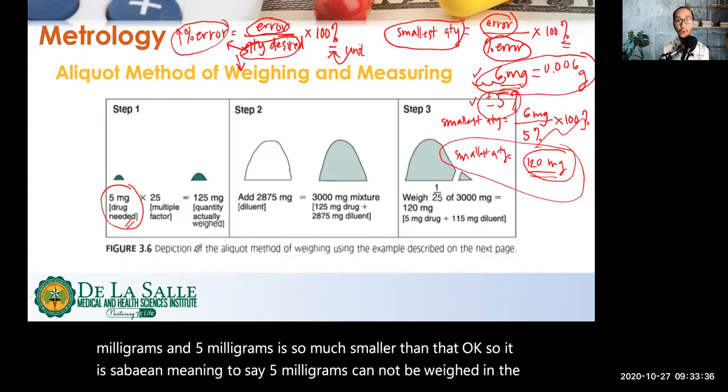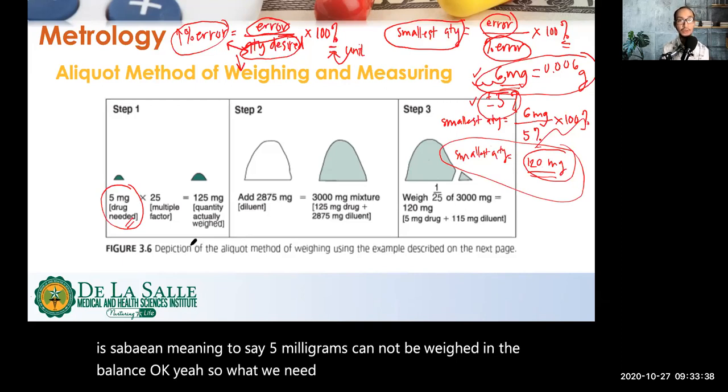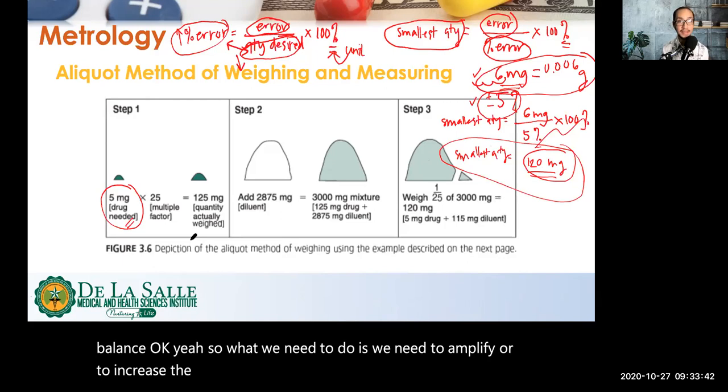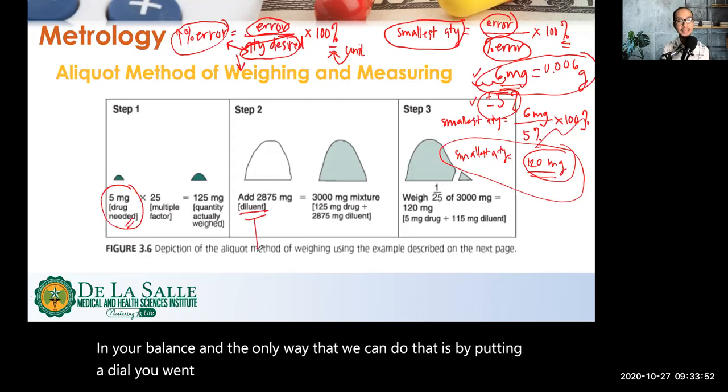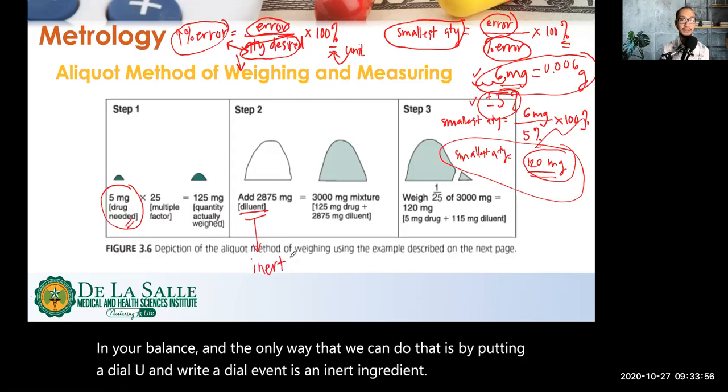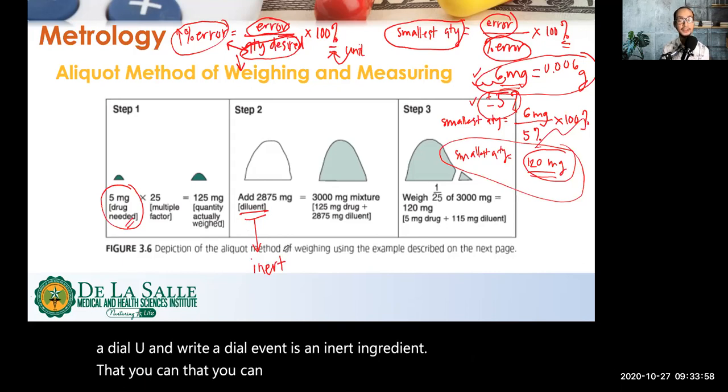So what we need to do is amplify or increase the amount of the substance that you will weigh in your balance. And the only way that we can do that is by putting a diluent. A diluent is an inert ingredient that you can mix together with the drug.